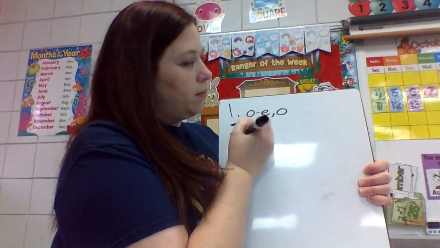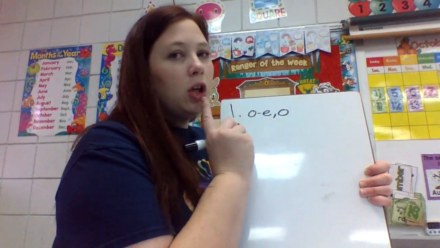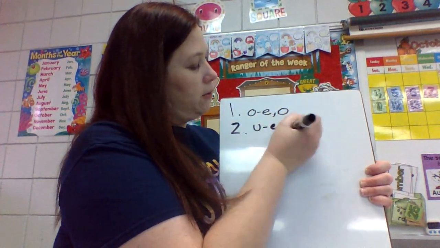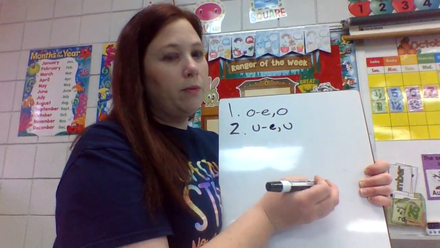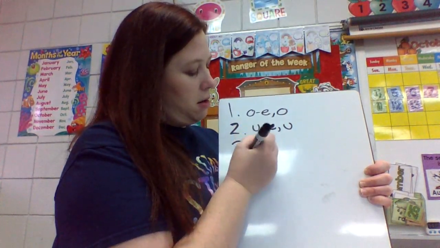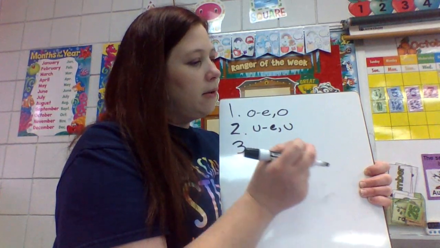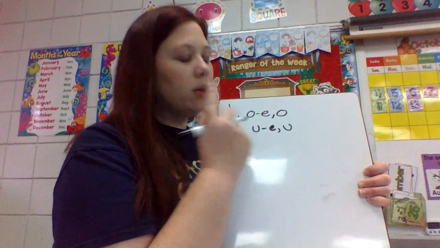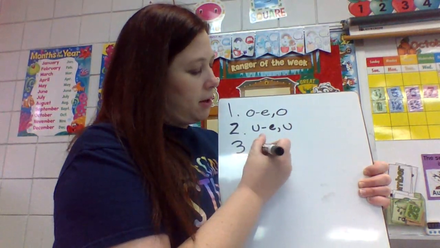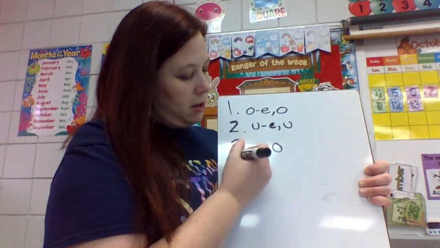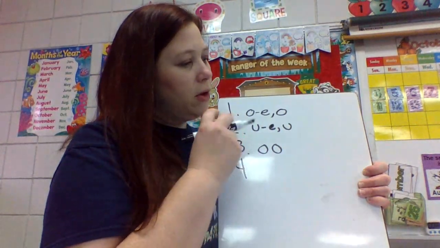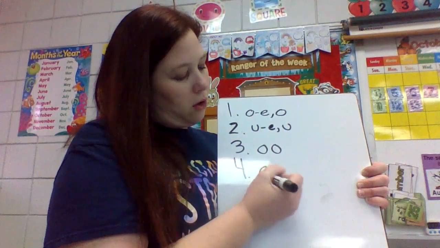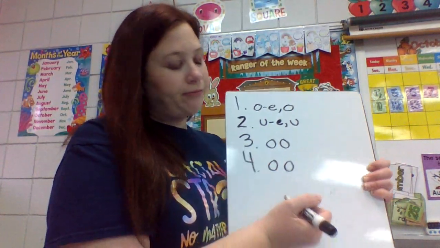Number two is U. So we can do U, consonant E, or comma U. Number three is like hook. We do that by O. And then number four is oo, like tooth, which is also O.